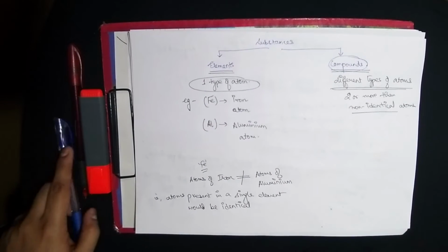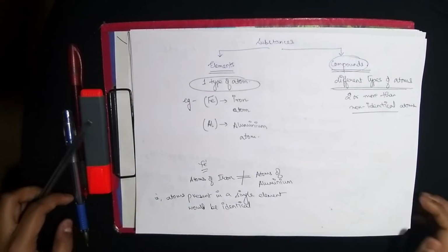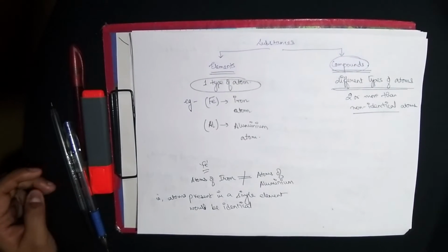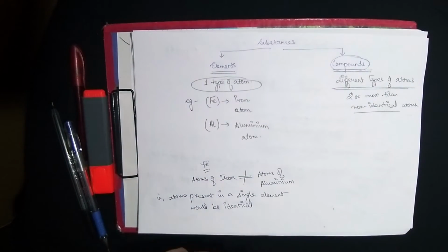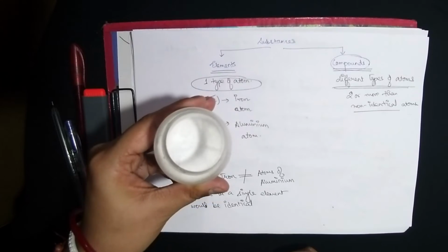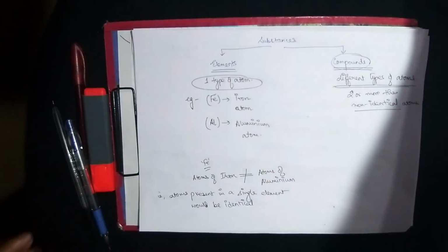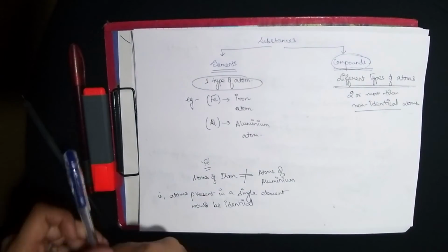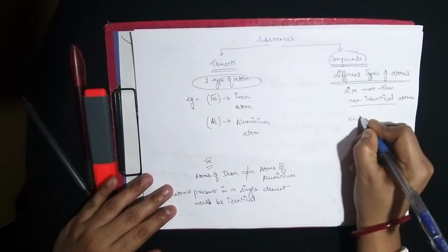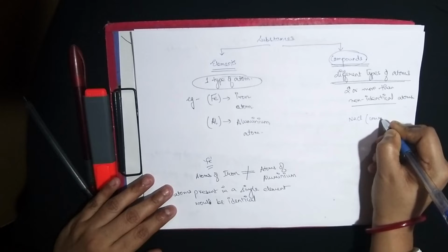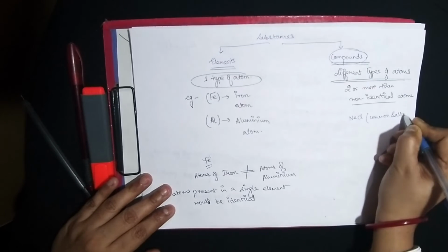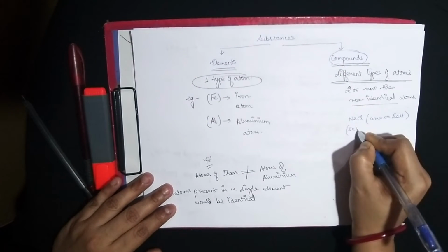I can show you a very good example from our day-to-day life which we use every day. This is common salt. The chemical formula for common salt is NaCl. That is your sodium chloride.